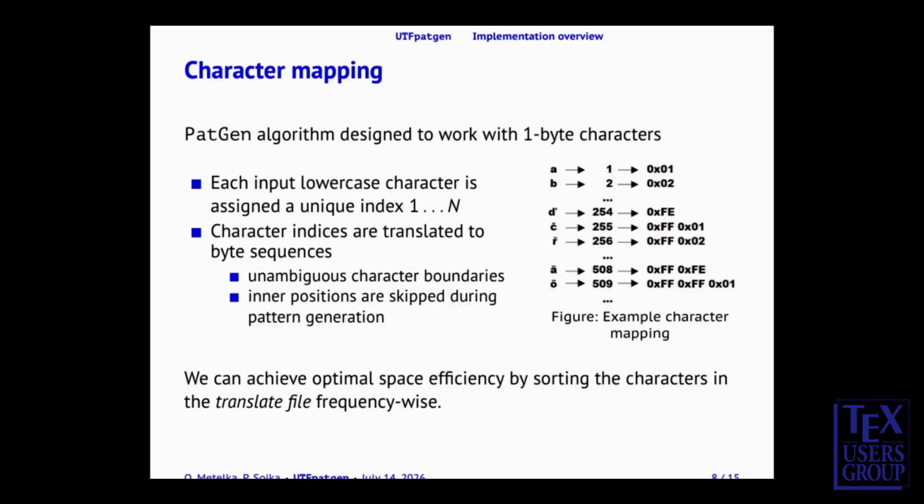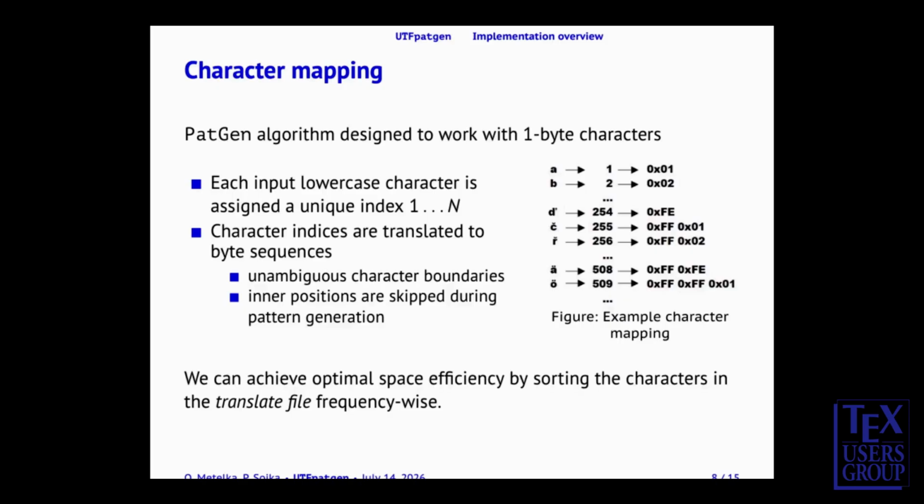So we proposed a method that translates each character into a uniquely decodable sequence of bytes. It is a two-step procedure. Firstly, we assign each character a unique index from 1 to n, and then we convert the indices into sequences. You can see an example mapping in the figure on the right.